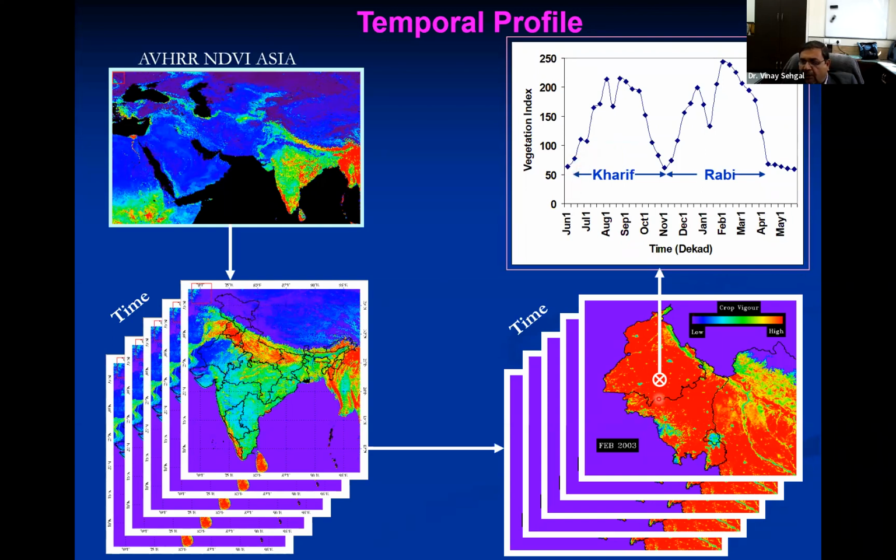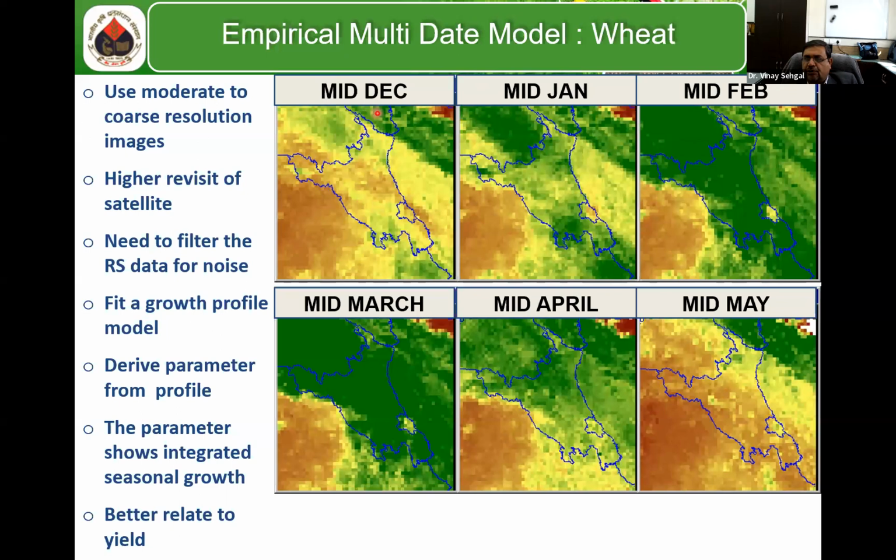So this way, if I click on every other point, I'll get this kind of a profile. Now using this profile also, I can actually generate a model. Again, as an image I'm showing for Haryana, this is coarser resolution data, where each pixel you are seeing is squarish, something around 1 by 1 kilometer.